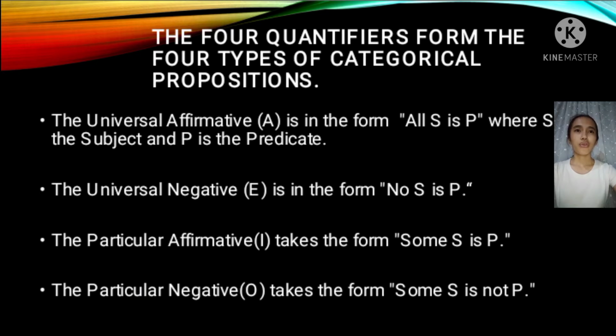The universal negative, E, is the form no S is P. The particular affirmative is the form some S is P.